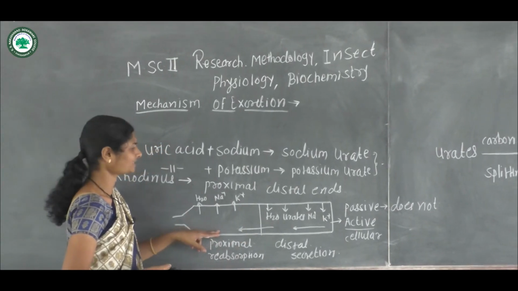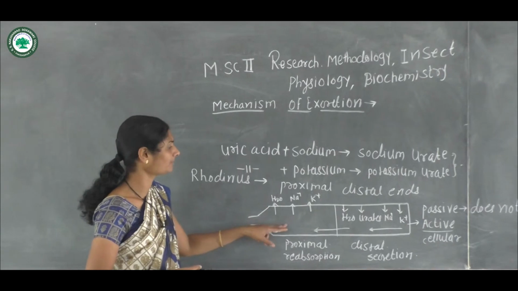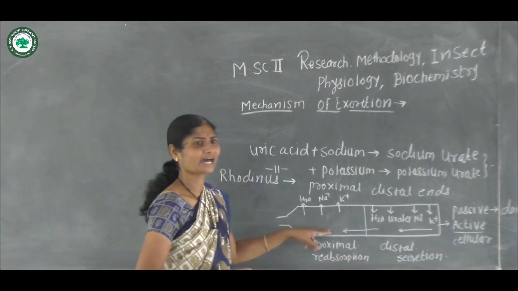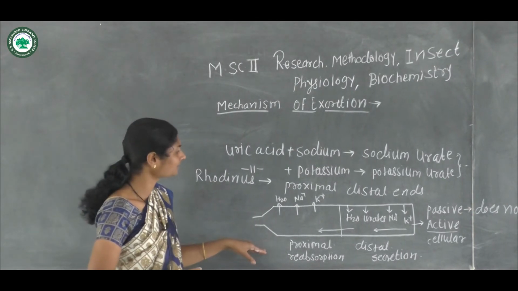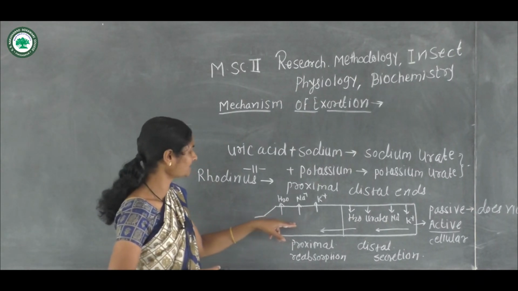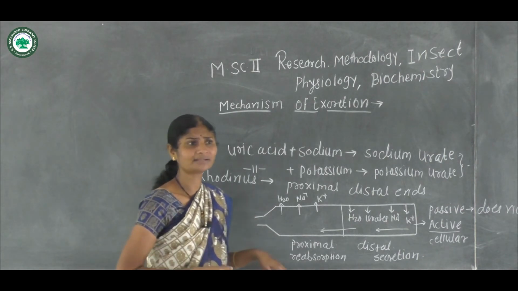During transportation, excess water is reabsorbed and urates are converted into precipitate, and this precipitate further goes to the hindgut.